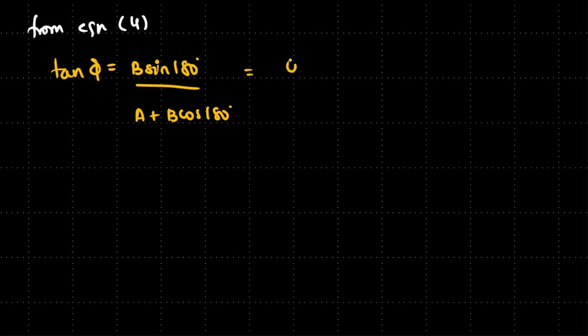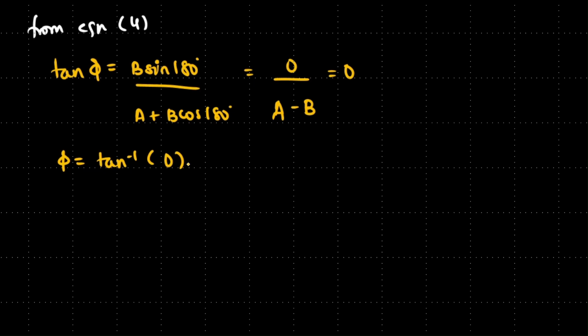Sine 180 degrees is 0, so it's going to be 0 divided by A minus B, since cos 180 is minus 1. So this is just 0, which means phi is going to be tan inverse 0. And phi can either be 0 degrees or 180 degrees.